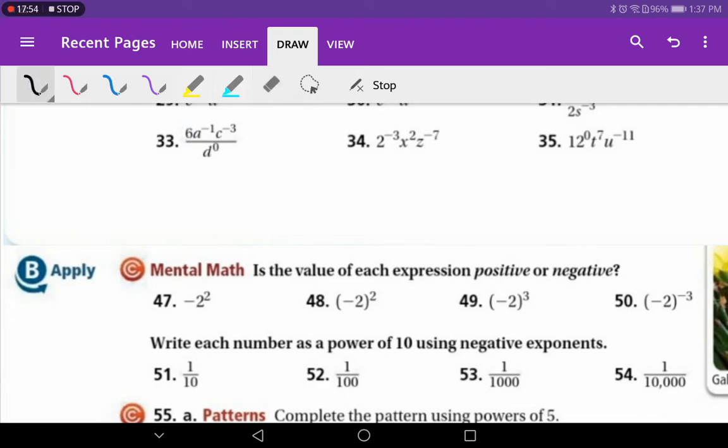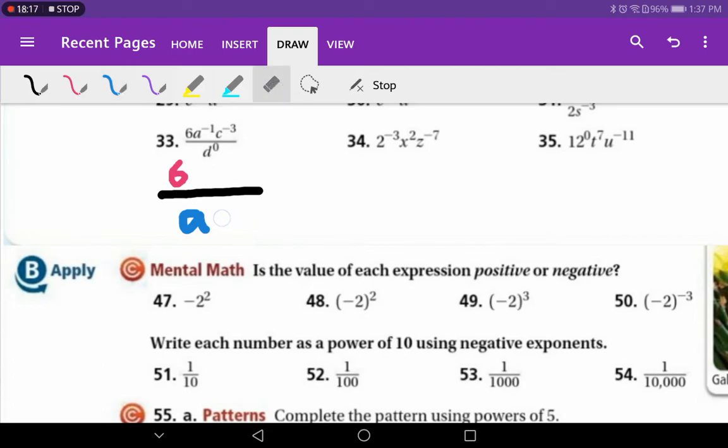It is easy, teacher. I will draw this. The 6 has no relation. It is just coefficient. The a -1, it will be down. Yes. And the d with power 0, it is 1.